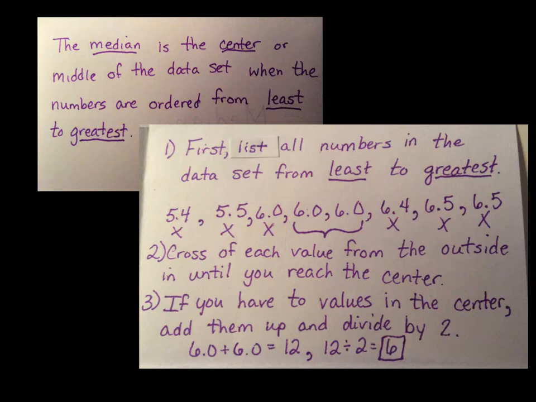So you can have 6.0 and 6.0. Add them up and you get 12, and 12 divided by 2 is 6. That means our median of our data set is 6. And there is a rhyme that goes for this. Whenever you have two centers, if you have two middles and you don't know what to do, add them up and divide by 2.